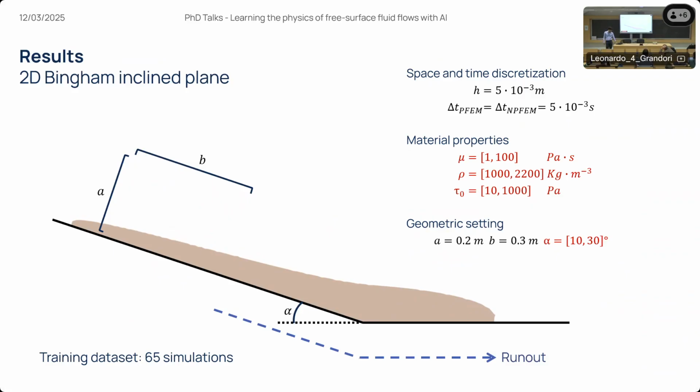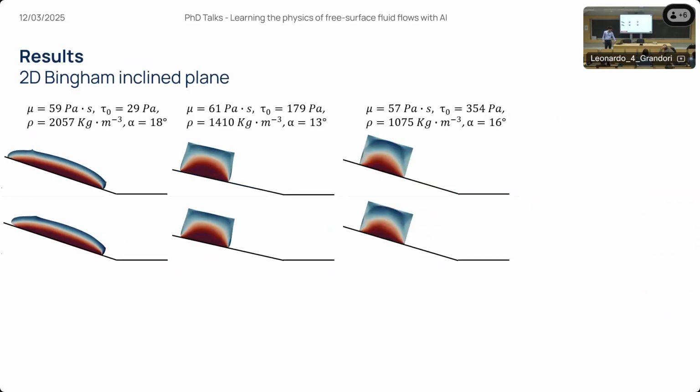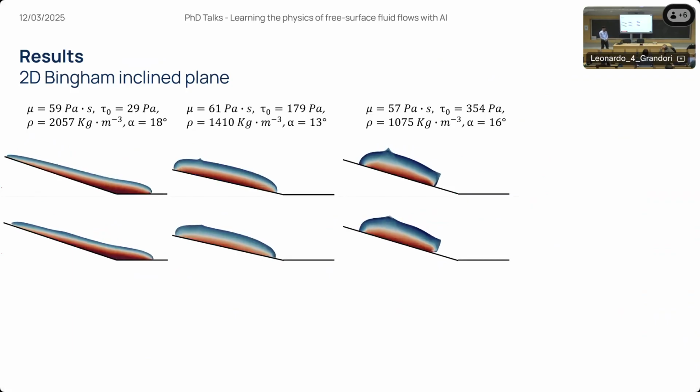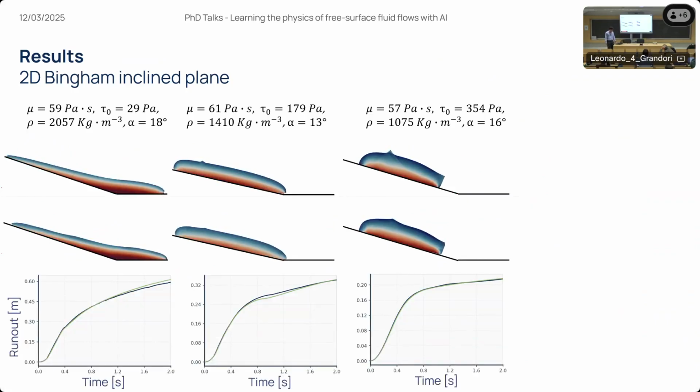In this case, in the training dataset, we varied the material properties and the inclination of the plane. These are three different results on, again, unseen cases, so these cases were not in the training dataset. And we can see that the main variable of interest, if you are considering a landslide, that is the runout, up to where the landslide goes, is very well reconstructed.